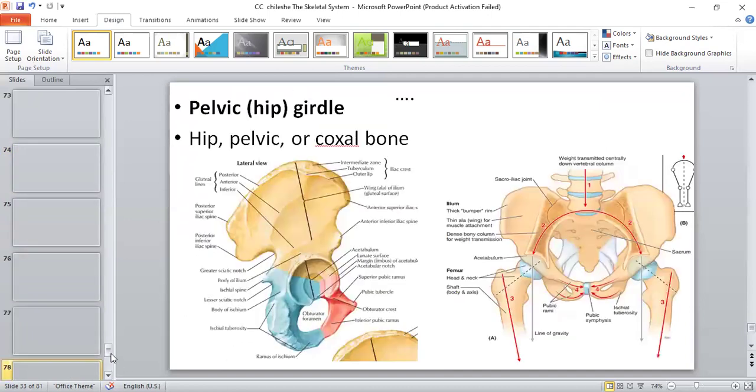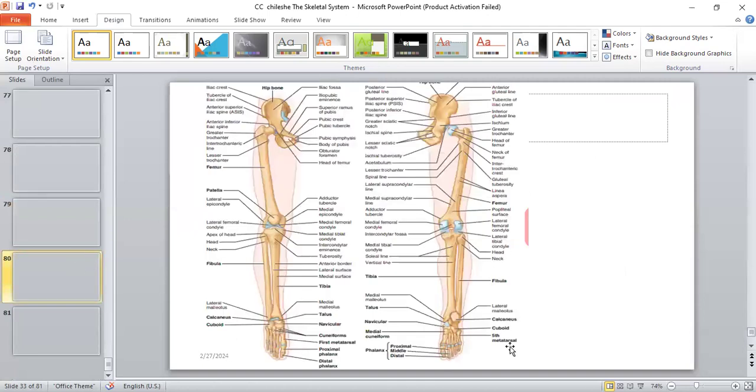An example of a line will be the linea aspera on the femur. When you look at the femur from the posterior aspect, it is going to have a line, and that line is known as the linea aspera. Right in the middle there, you are going to see that line.